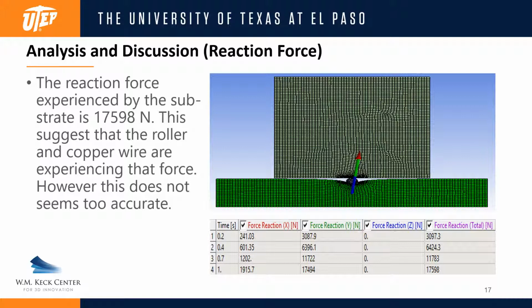For sure the thermal expansion and the application roller having springs on top are helping with the placing of the copper wire, but I think those 17,000 newtons are too much. So I'm assuming something's not correct. Therefore, we'll need further analysis on the reaction force for this case.